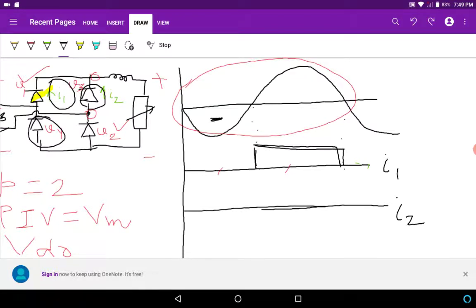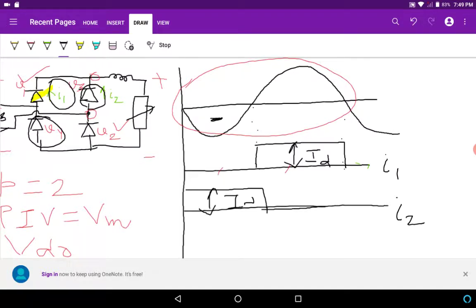Excuse me for this drawing, I will make it proper. So this will be a constant current ID. This is when valves V1 and V2 are conducting, and when valves V3 and V4 are conducting, I will get the current here, which is again ID.